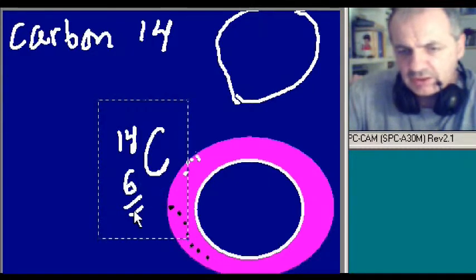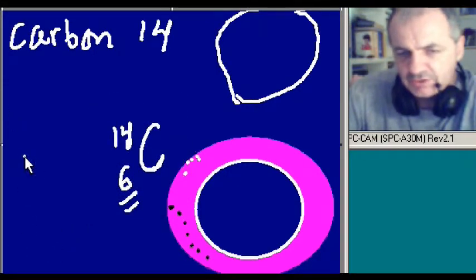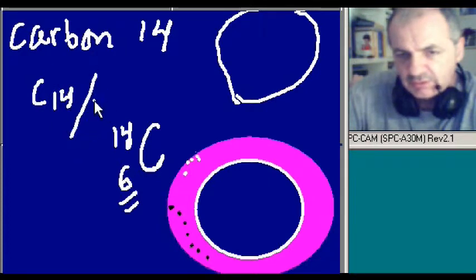And there's always a constant ratio of these guys. A constant ratio. What does that mean? There are very, very few carbon-14s relative to carbon-12s. So there's this constant ratio between carbon-14 to carbon-12.